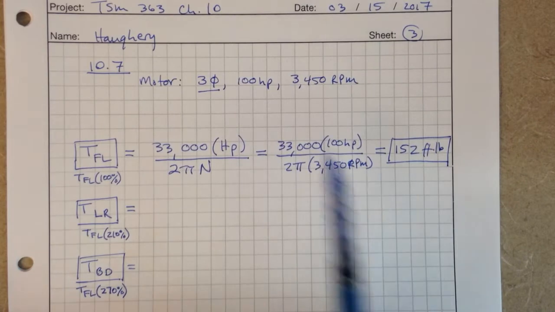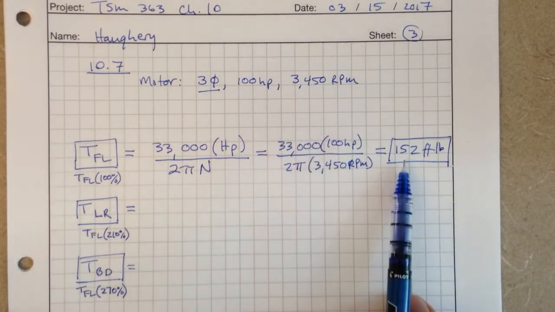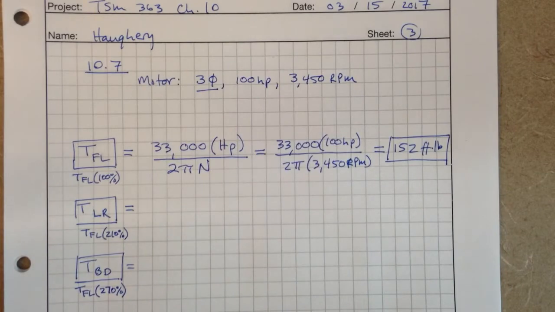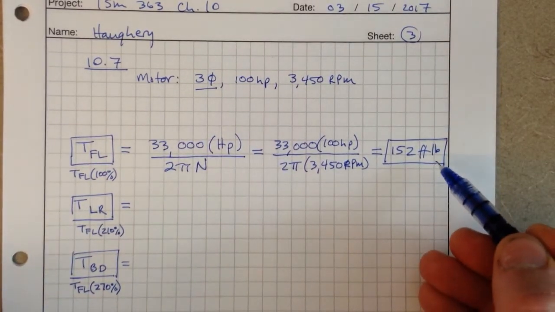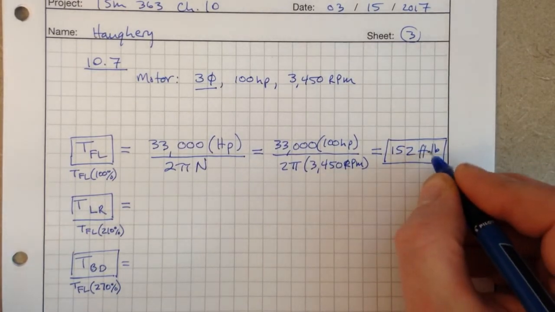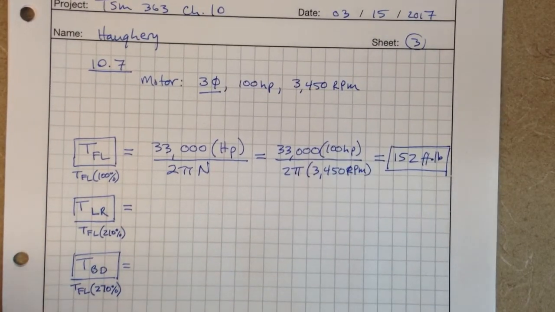What that means is this motor, a 3-phase motor, 100 horsepower, running at this speed, will produce 152 foot-pounds of torque when it's at 100% loaded. So we put 100% of our load on, or we have a load that requires 152 foot-pounds to drive, and that motor will be running right at the 100% rating it was designed for.